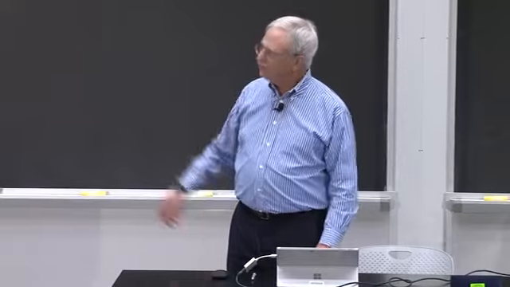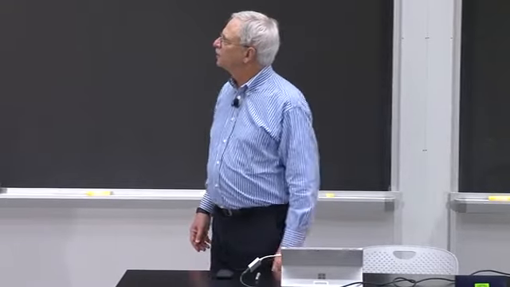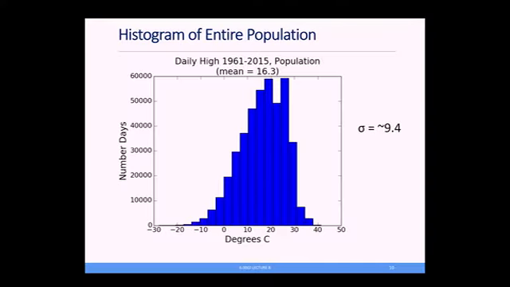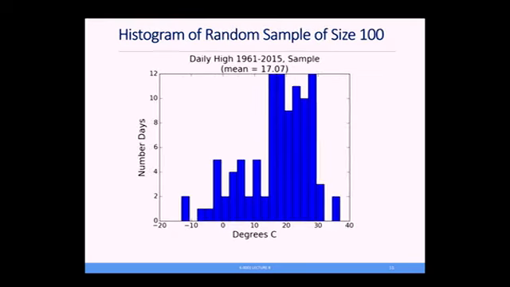The next thing I'll get is some statistics. So we know the mean is 16.3, and the standard deviation is approximately 9.4 degrees. So if you look at it, you can believe that. Well, here's a histogram of one random sample of size 100. Looks pretty different, as you might expect.